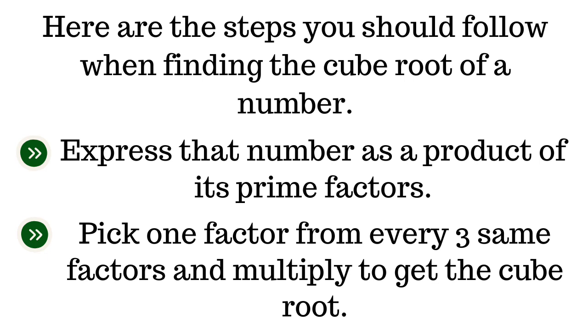Then you look out for similar factors. For every 3 same factors, we pick one because we are working with cube roots. We will continue picking until we are done. Then we will multiply the numbers we have picked out to get the cube roots.